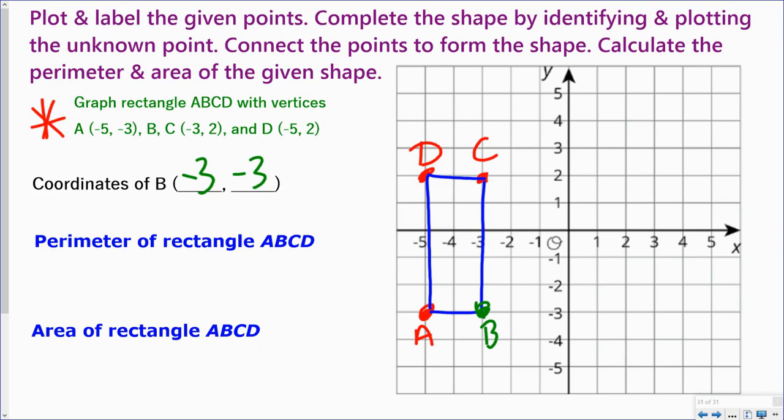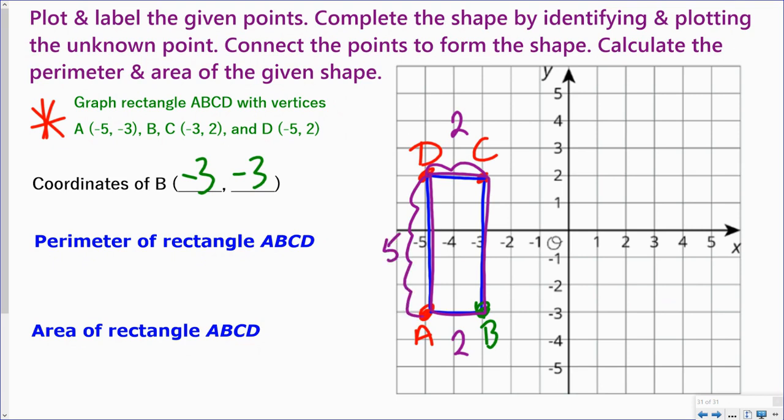If I want to find the perimeter of the rectangle, and the perimeter is like building a fence, so I'm going to look at the outside and how far that is. Well, if I start here, I go 1, 2, so this side is 2, and on a rectangle, that means this side is 2. And then if I count here, I've got 1, 2, 3, 4, 5.